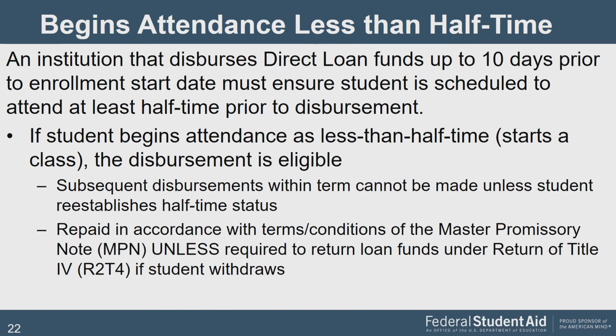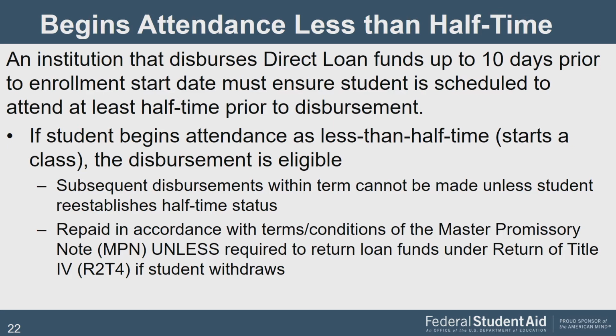When we talk about direct loans, and students who begin attendance as less than half-time after they contracted for full-time enrollment, if you disperse loans up to 10 days prior to that start date, you have to ensure that the student is at least at half-time status, which means you're doing another check for eligibility.